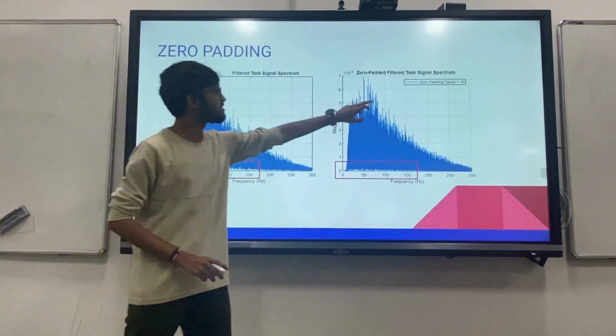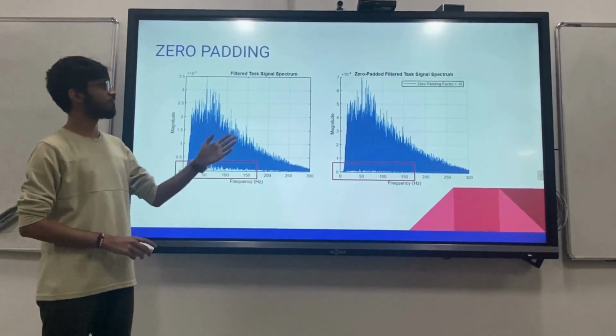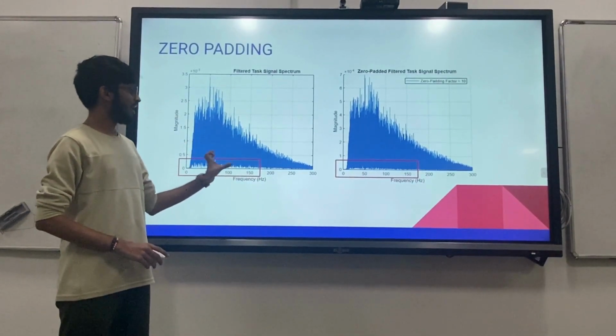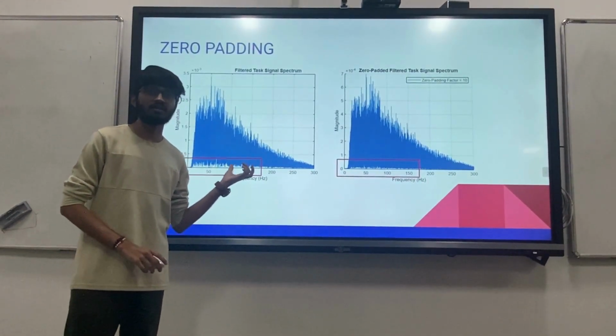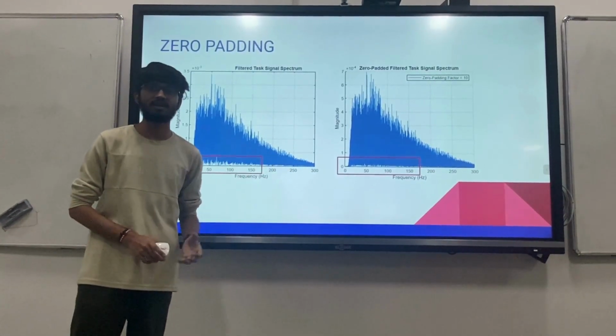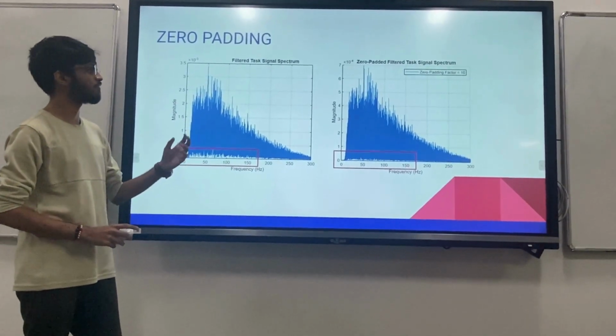So here we use a zero padding factor. What it means is that if the factor is, let's say, alpha, and L is the initial length of the signal, we add L times alpha zeros at the end of the signal. Here we use a zero padding factor of 10.